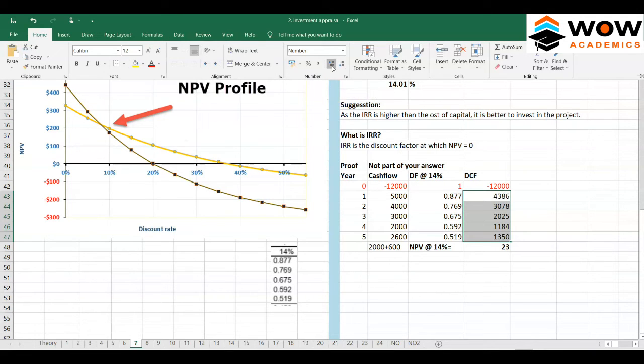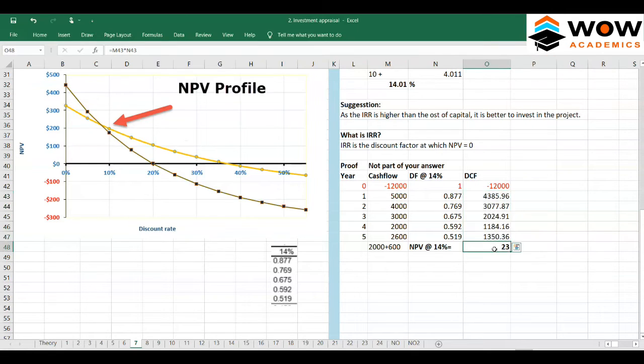So let's check. Because of the rounding we have made here and there, the answer is not coming out as 0. The exact answer was 14.01. If you use the exact number, there's a high chance it will go to 0.